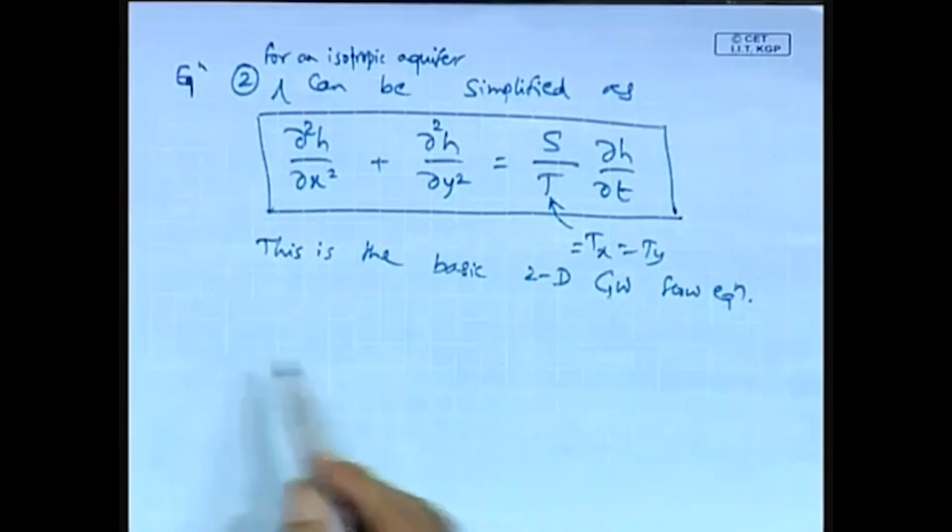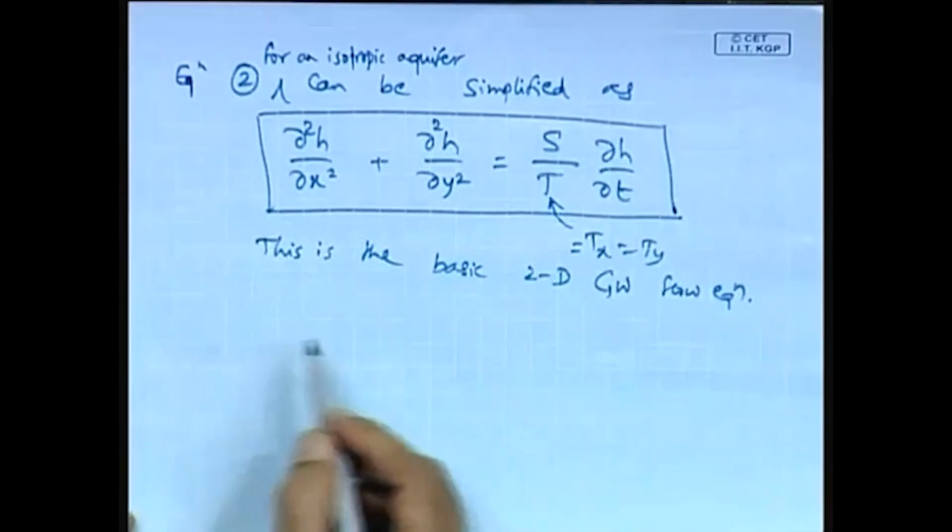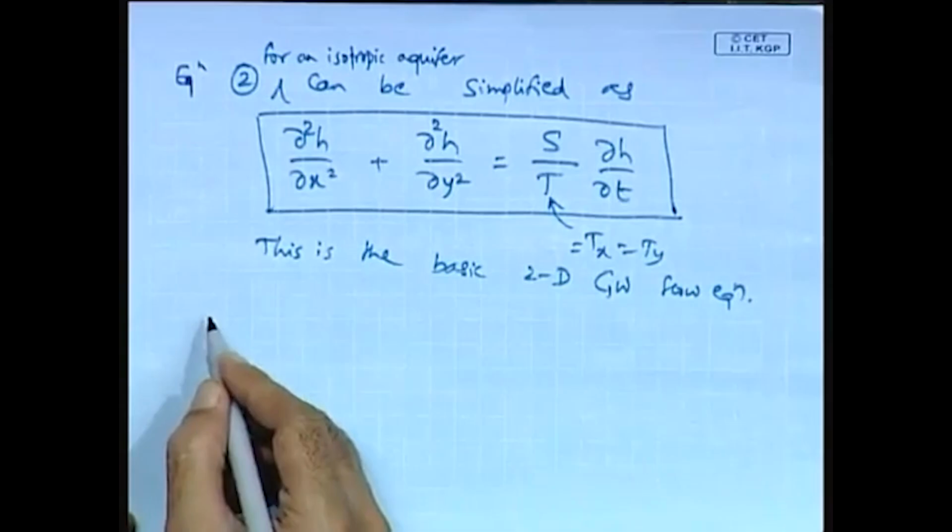Suppose it is a three-dimensional flow and the flow in the aquifer is isotropic.